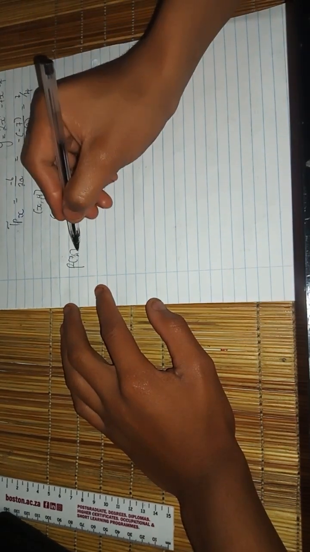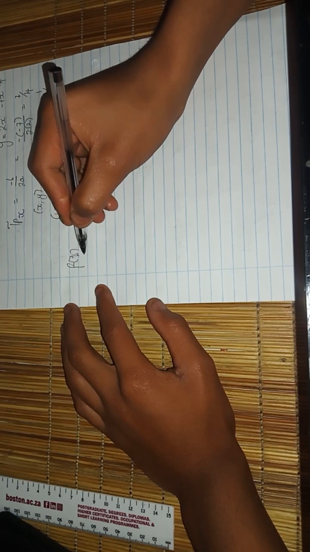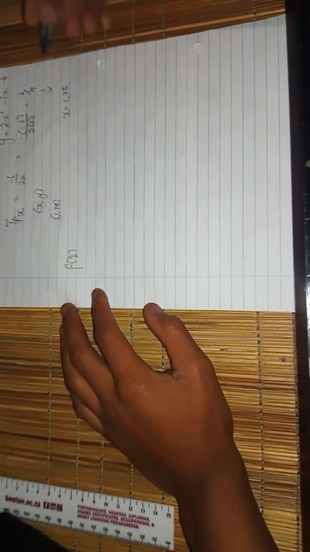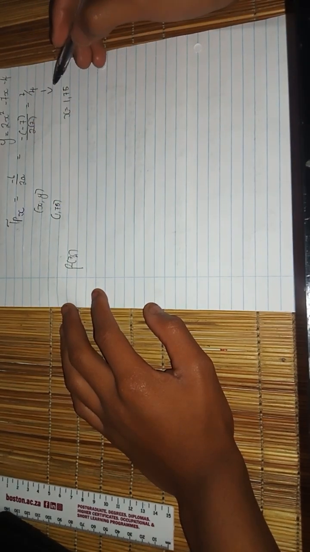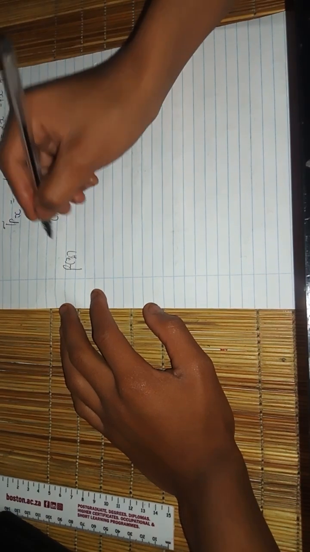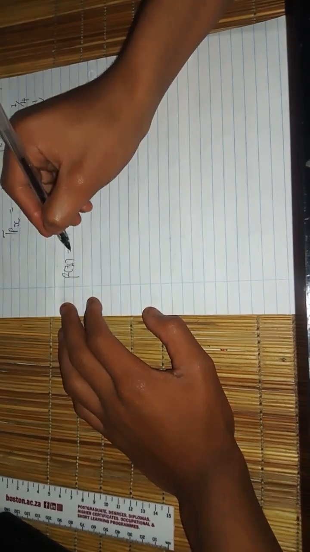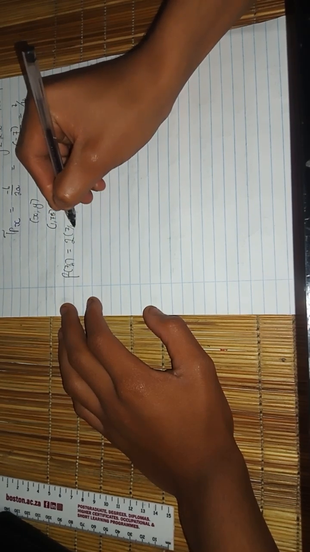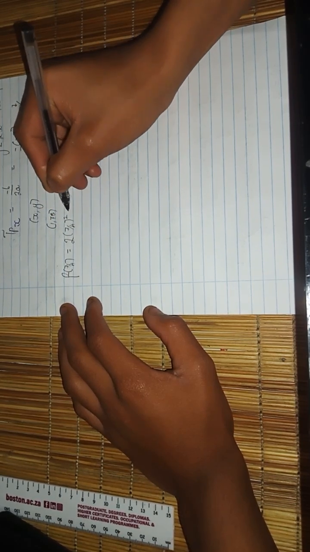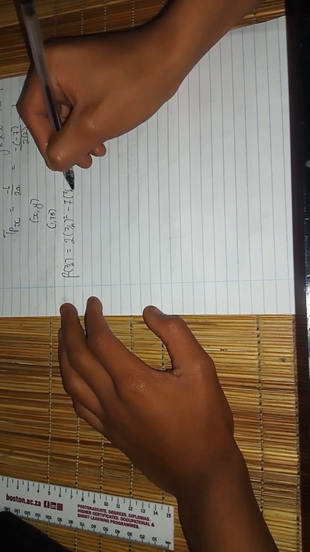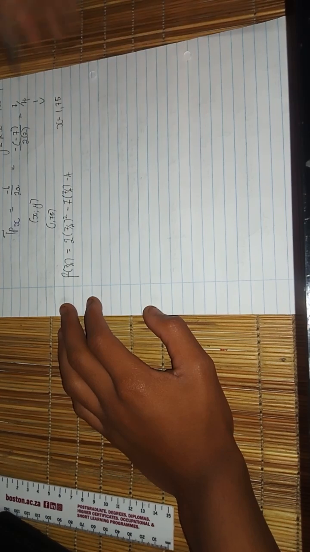That means we have been given a set x value, right? A set x value, that's what f of x means. And we are going to substitute that into 2 bracket 7/4 squared minus 7 bracket 7/4 minus 4.